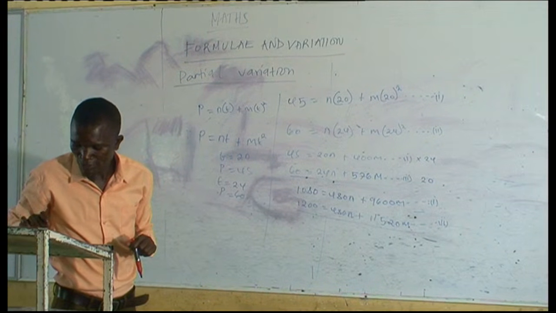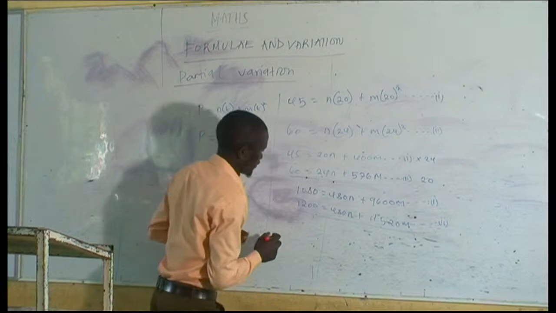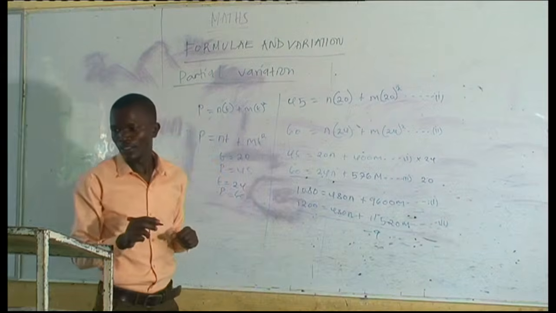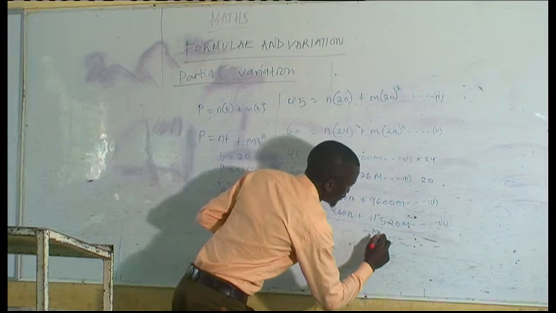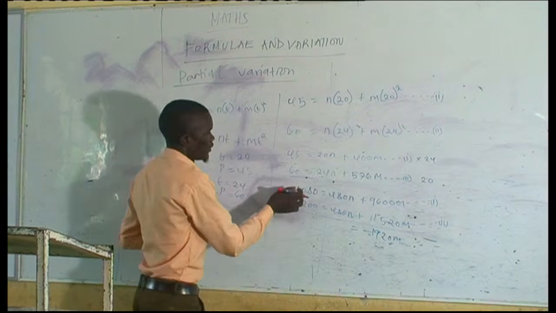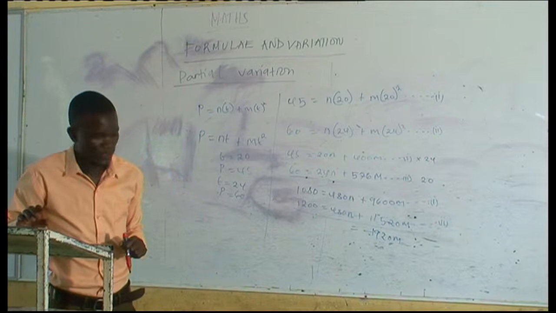Minus 11,520, our answer becomes negative 1920m is equal to 1080 minus 1200.